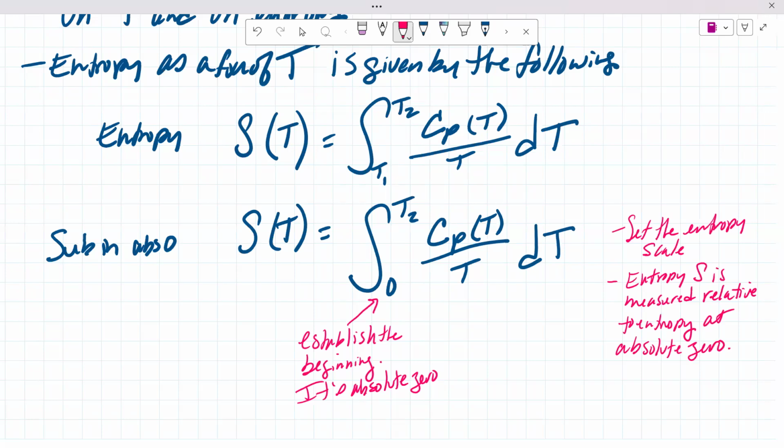There are a number of partial derivatives of entropy and corresponding integrals that are useful for heat capacity.